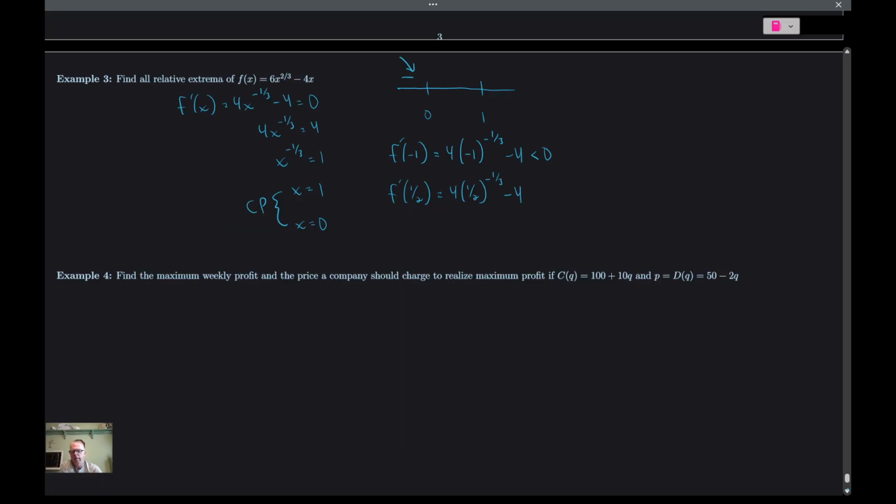And I believe that is also going to be negative. And then pick a number greater than 1. 4 times 2 to the -1/3 minus 4. I believe that will be positive. So here, neither, because we're decreasing, but here we have a minimum.